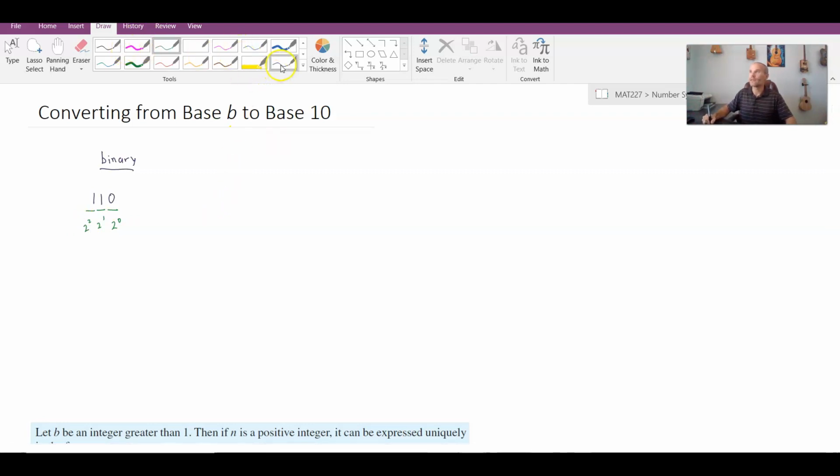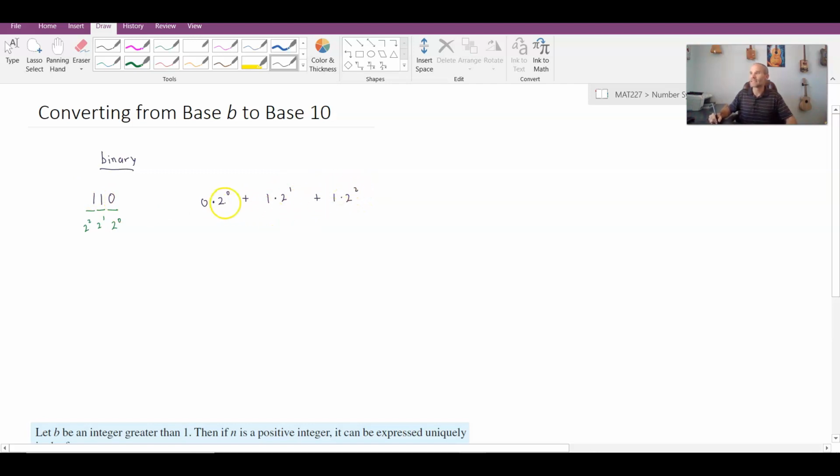And so if we now deconstruct this, we're saying that we have 0 groupings of 2 to the 0, plus we have 1 grouping of 2 to the 1, plus we have 1 grouping of 2 squared.